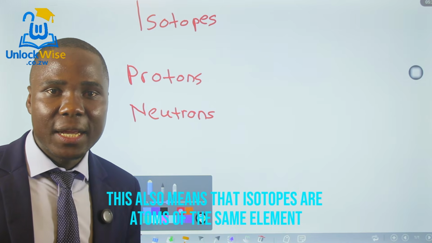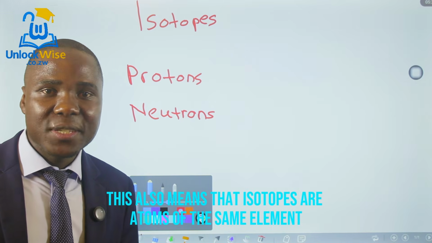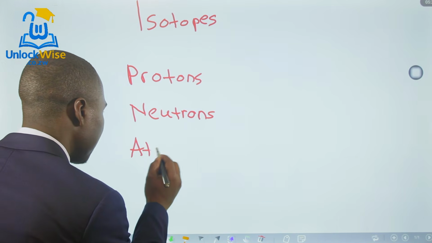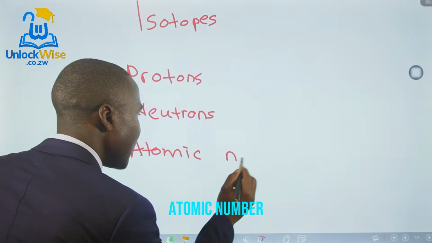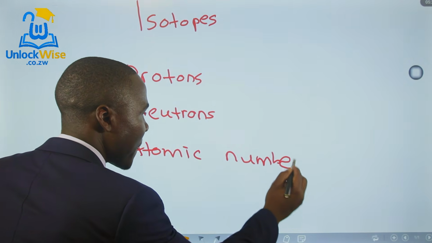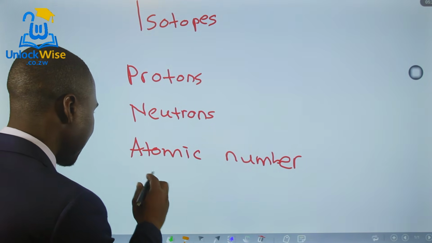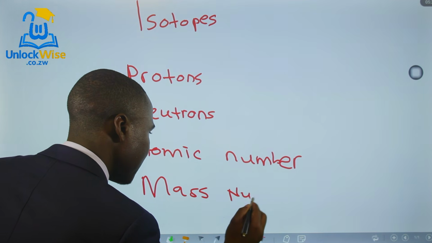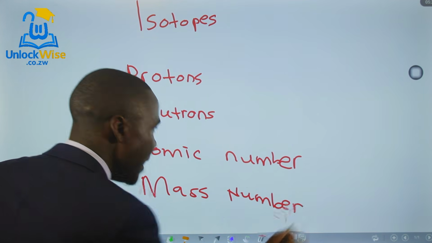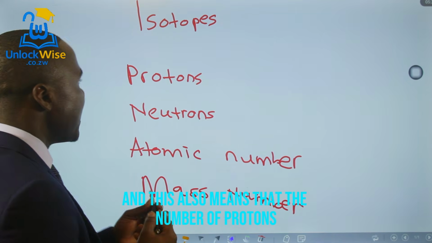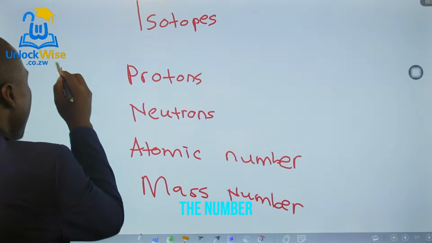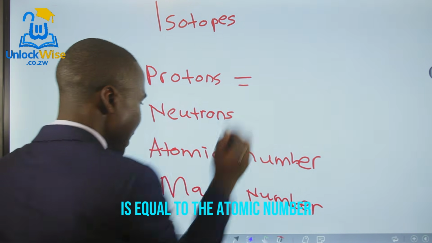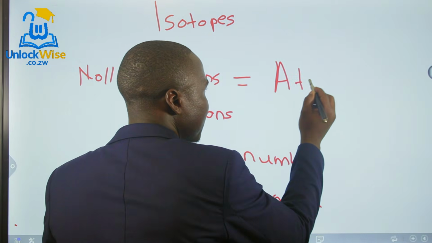This also means that isotopes are atoms of the same element with the same atomic number, but different mass number. And this also means that the number of protons is equal to the atomic number.